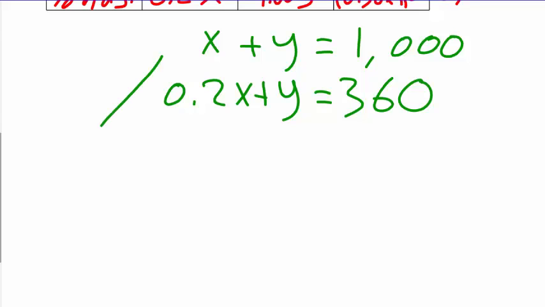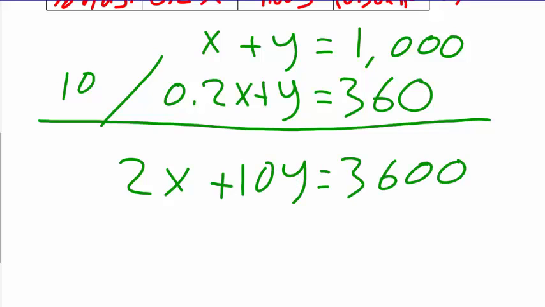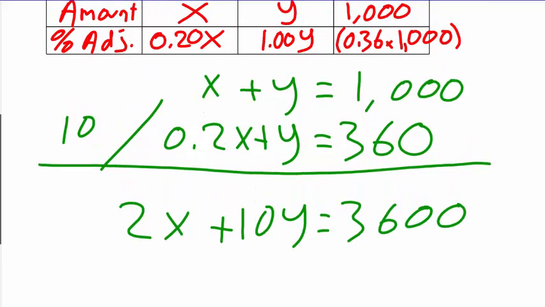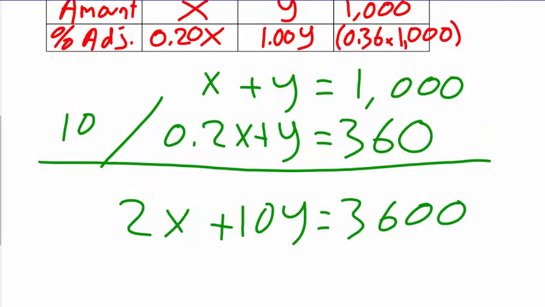So I'm gonna multiply everything here by 10, and I will be getting 2x plus 10y equals 3600. And the top equation, let's see, I want to deal with the small numbers. You know that I like small numbers. So I'm going to multiply everything with -2.